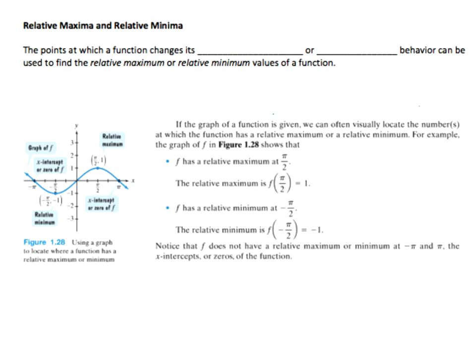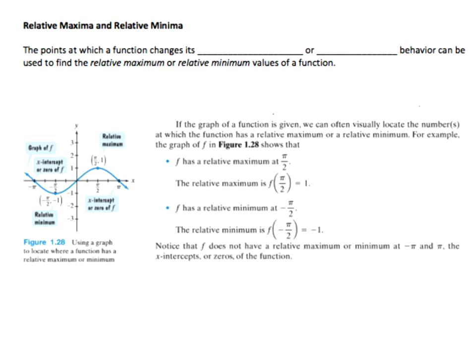If you have a few maxima or minima on your graph, you can also have an absolute maximum, singular, and absolute minimum. That would be the highest or the lowest point on the graph.